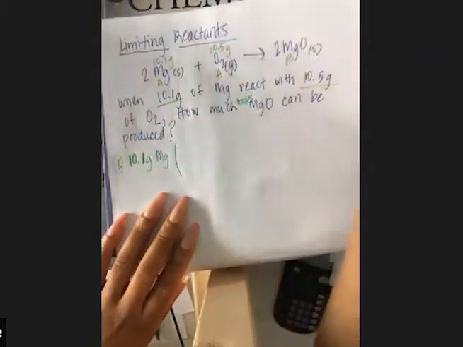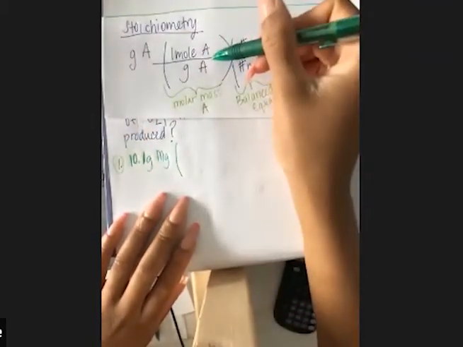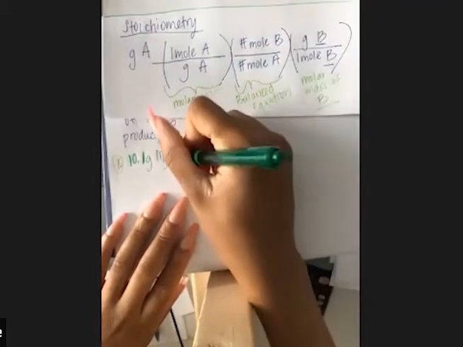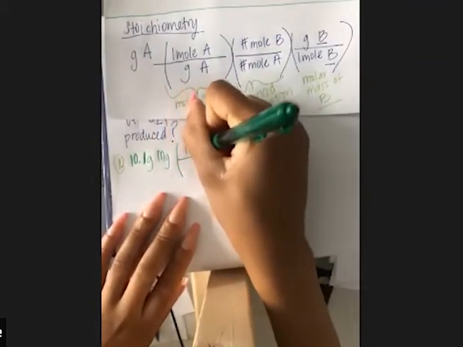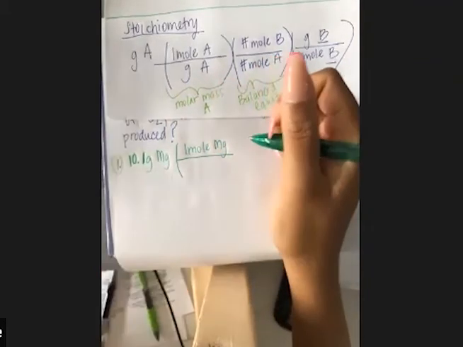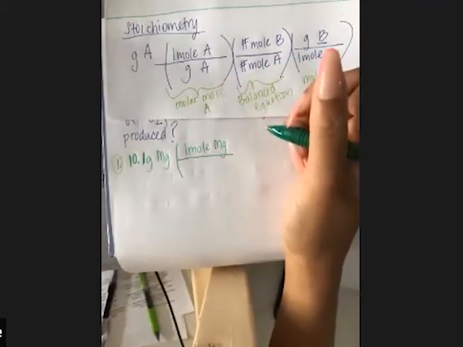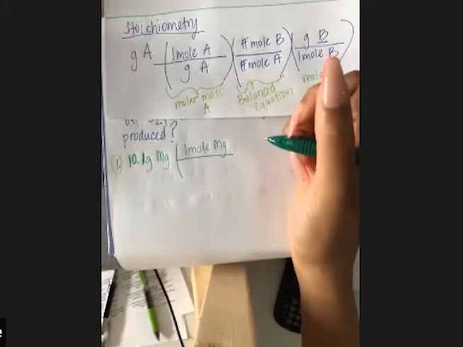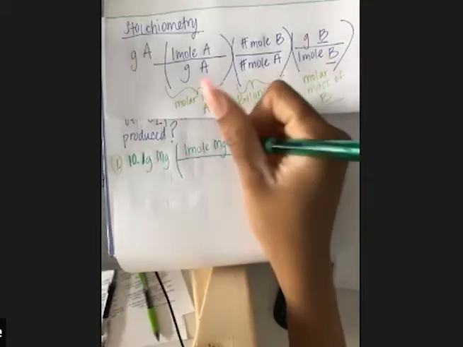All right, so 10.1 grams of magnesium. The first step says if I start off with grams of A, I need to convert it to moles of A by simply dividing by the molar mass of A. I look at the periodic table. The molar mass of A, which is magnesium, is 24.31.